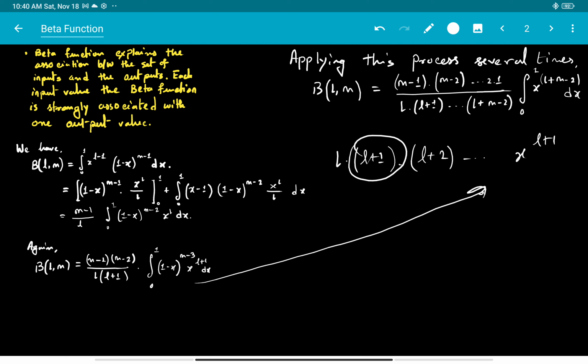Again, the third time, in the denominator L plus 2 will remain, and x will be x to the power L plus 2.